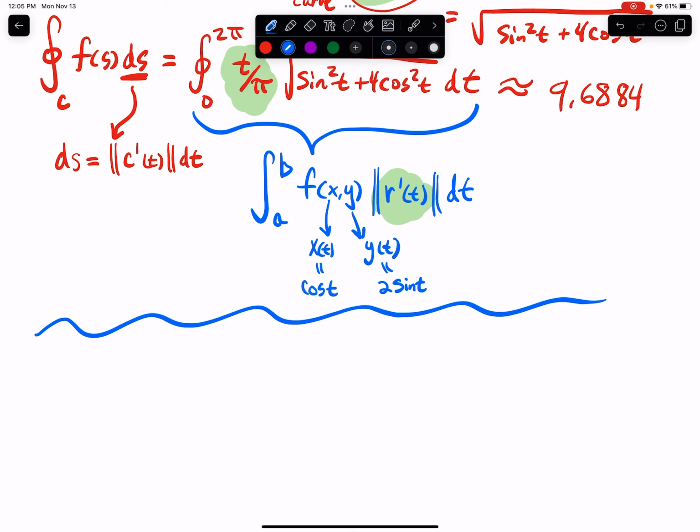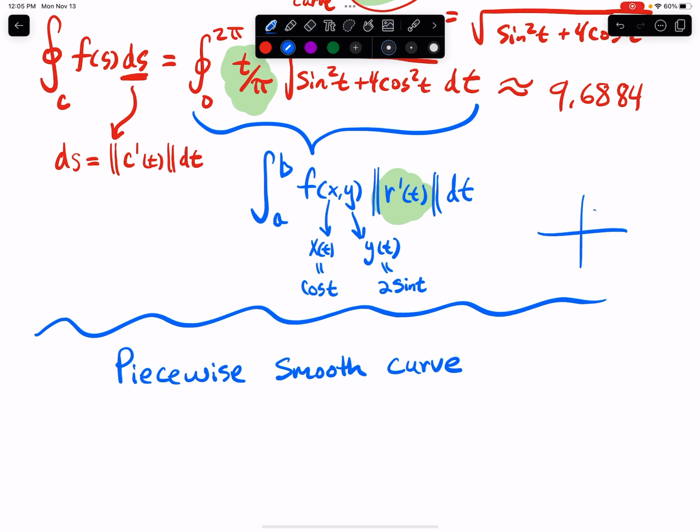But sometimes you don't have a curve that's smooth everywhere, and so you can do something that's called piecewise smooth. You remember in Cal 1 we talked about piecewise functions. This is also a pre-Cal topic. A piecewise function might be a parabola over here and then a line over there, and we piece them together.